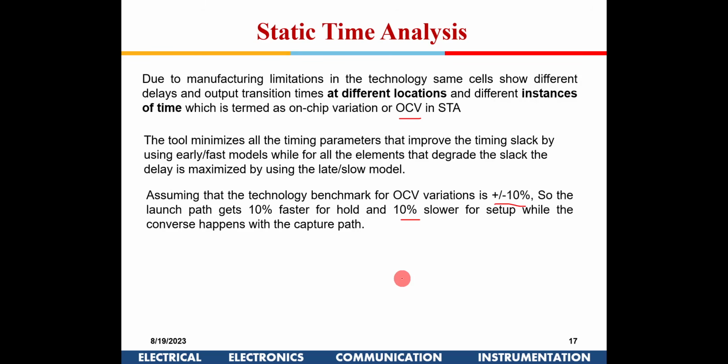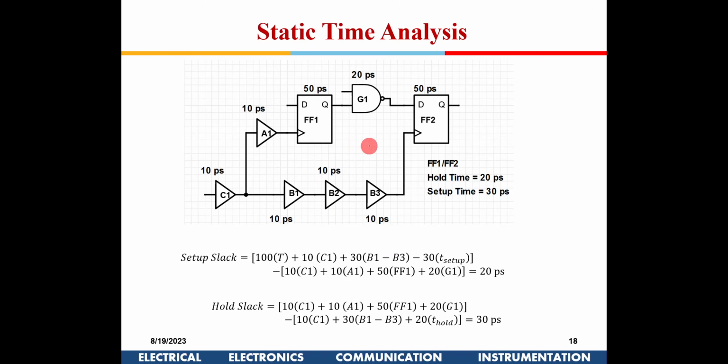Now for a worst case scenario, in the launch path it would make it 10% faster, and for the hold it will make it 10% slower. So it will take those worst case scenarios. It will be very clear in the example which we discuss in the next slide.